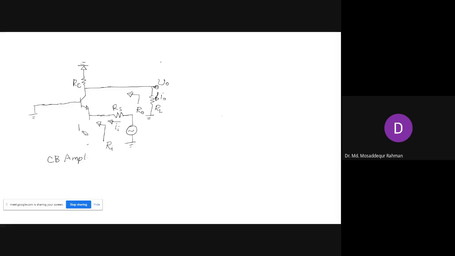So then we'll remove RE, and then this will look like this. We'll have RS prime, VS prime, and our output side, this load RL and RC will be in parallel, so we can combine this into one single resistor.